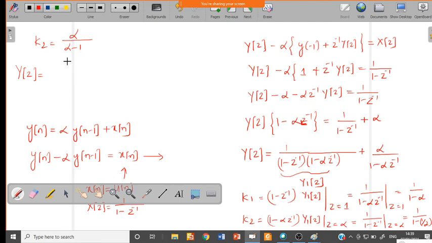K1 is 1 over 1 minus alpha, divided by 1 minus z inverse, plus alpha by alpha minus 1, divided by 1 minus alpha z inverse. Okay, so plus this term, plus alpha by 1 minus alpha z inverse.